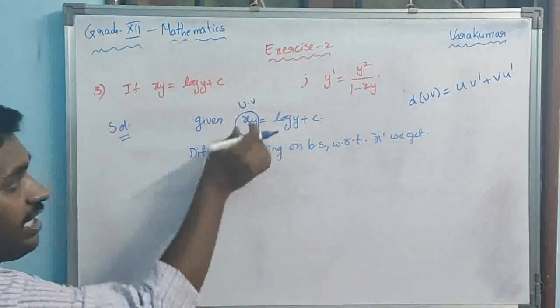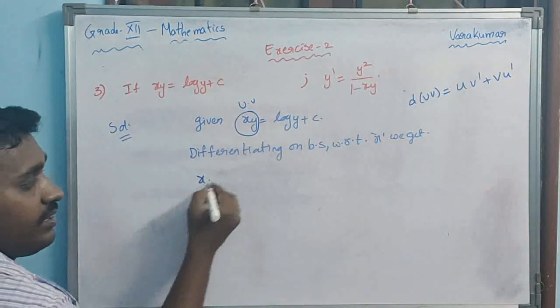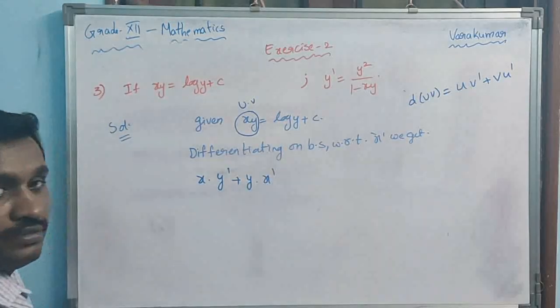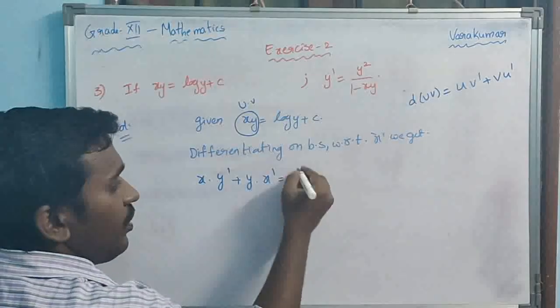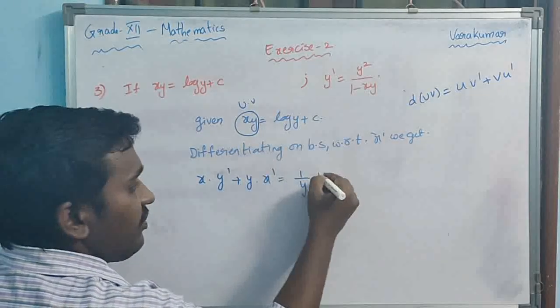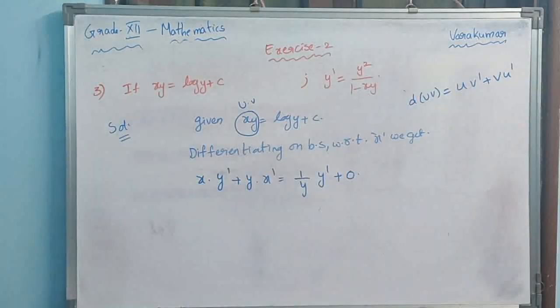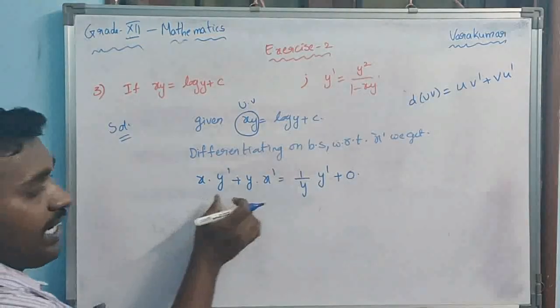So if you apply that, x y dash plus y x dash. And log y gives 1 by y, and y function gives y dash, plus for the constant it is 0. Clear?